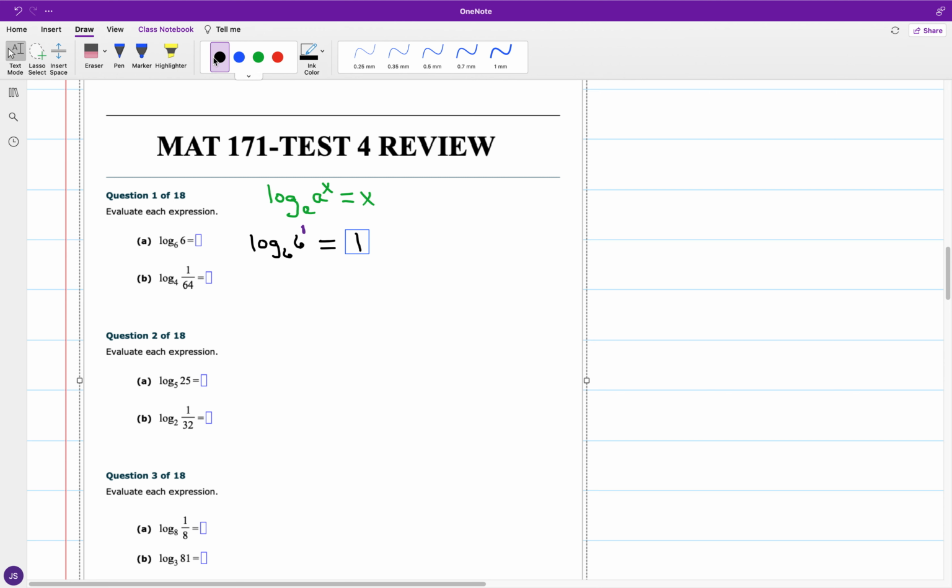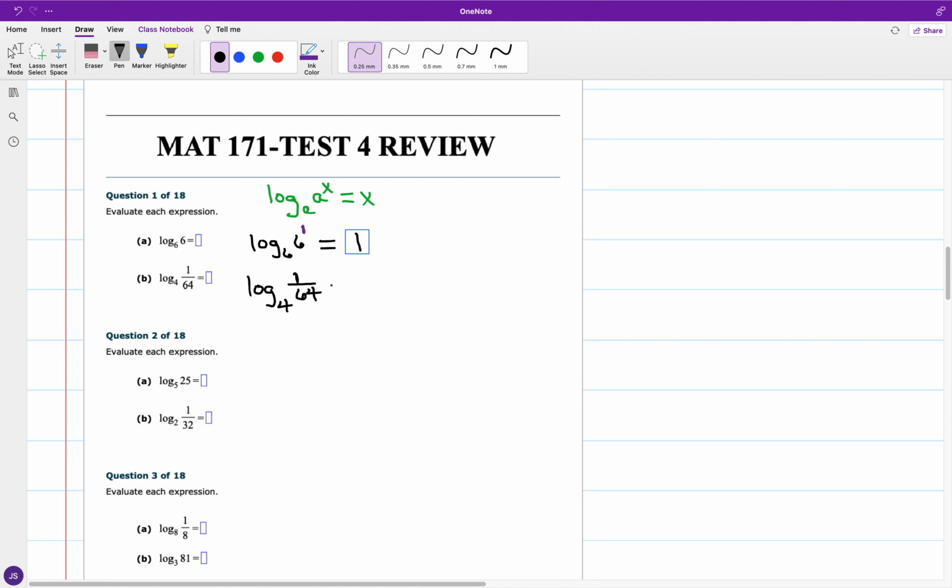Now, for something that has a little bit of a twist, we're still going to have an expression that can be rewritten where we have the same bases exponentially and logarithmically. In this one, we have the base 4 logarithm of 1 over 64.